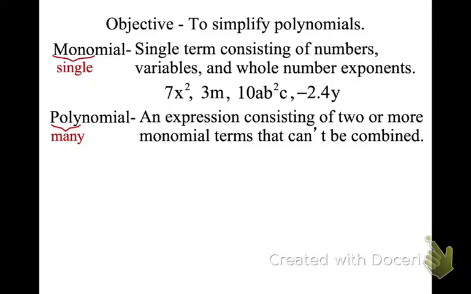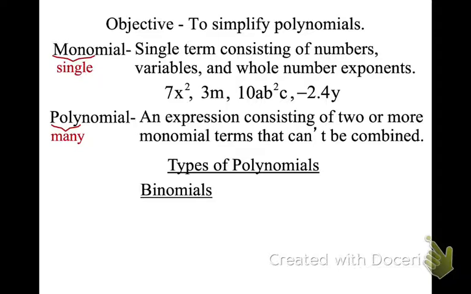So two or more terms that we can't combine. We have different kinds of polynomials. Remember, a polynomial has more than one term. The first kind of polynomial we're going to talk about, we've briefly talked about, it's called a binomial. What do you think a binomial has?